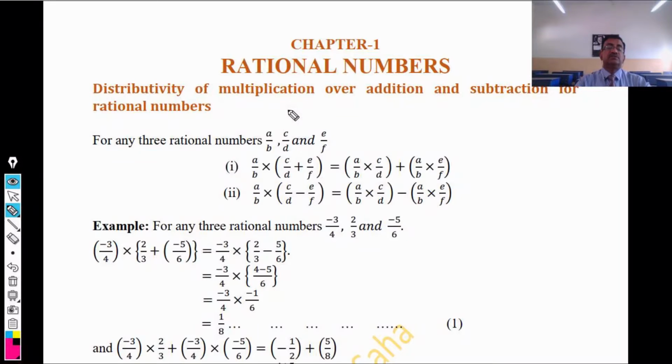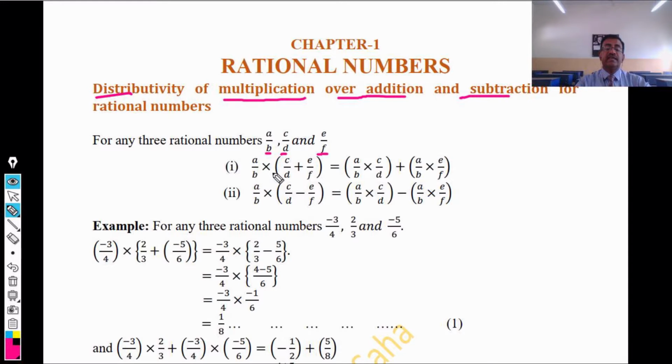Let us see. Students, distributive property of multiplication over addition and subtraction. When you say distributive property of multiplication over addition, then for 3 rational numbers a by b, c by d and e by f, you are distributing a by b.